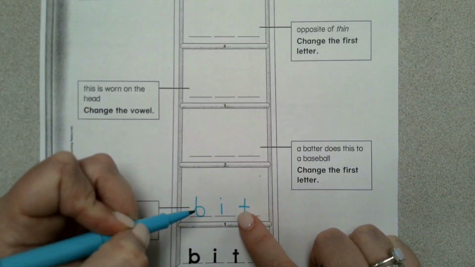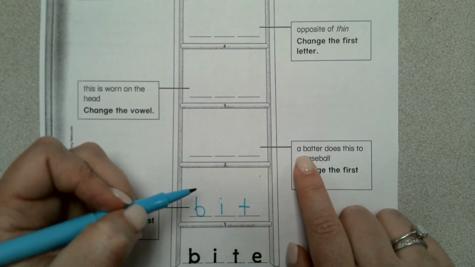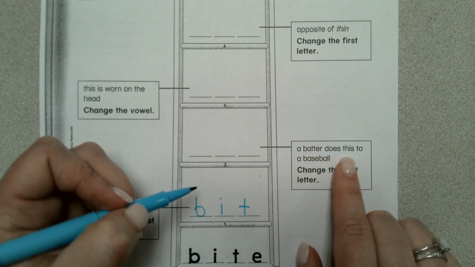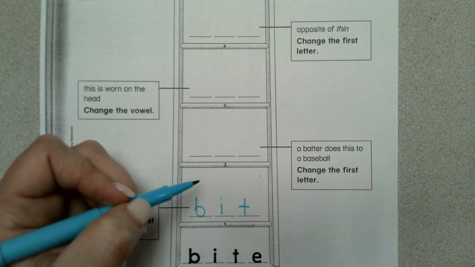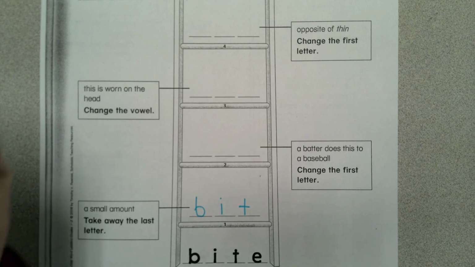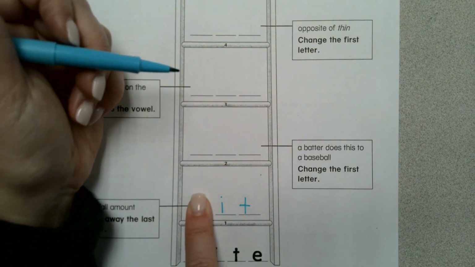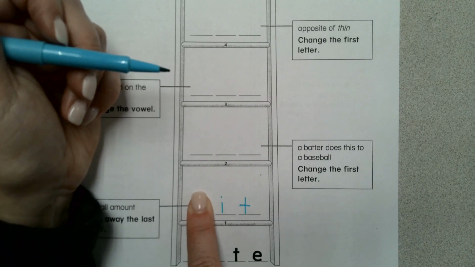All right, now we have to use the word bit to help us with number 2. A batter does this to a baseball. Change the first letter. So what is the first letter? You said B, that's correct. So what do we need to keep?